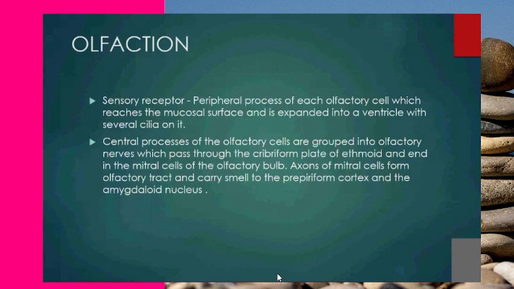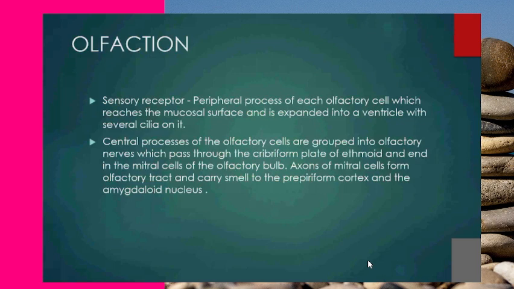Next function is olfaction. You very well know the nose is meant for smelling. So you have a sensory receptor. What is the sensory receptor? This is the peripheral process of the olfactory cell. This is the mucosal surface, as I said, in the ethmoidal roof, and it is expanded into a vesicle with several cilia on it.